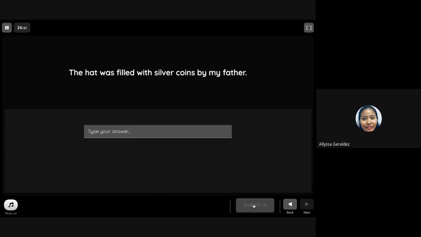Next, the hut was filled with silver coins by my father. It's in passive, so we have to change this one to active voice. So we have to omit the by. So, my father. We have to look for the main verb, so filled, and the object.